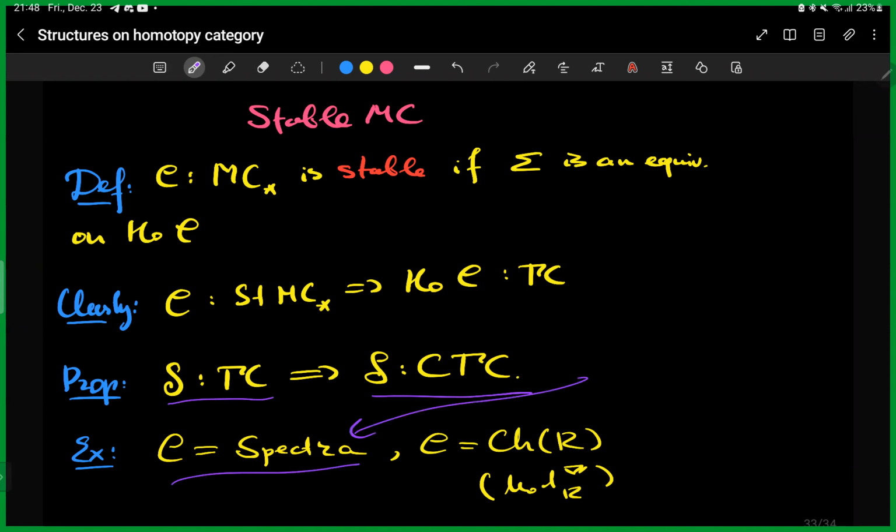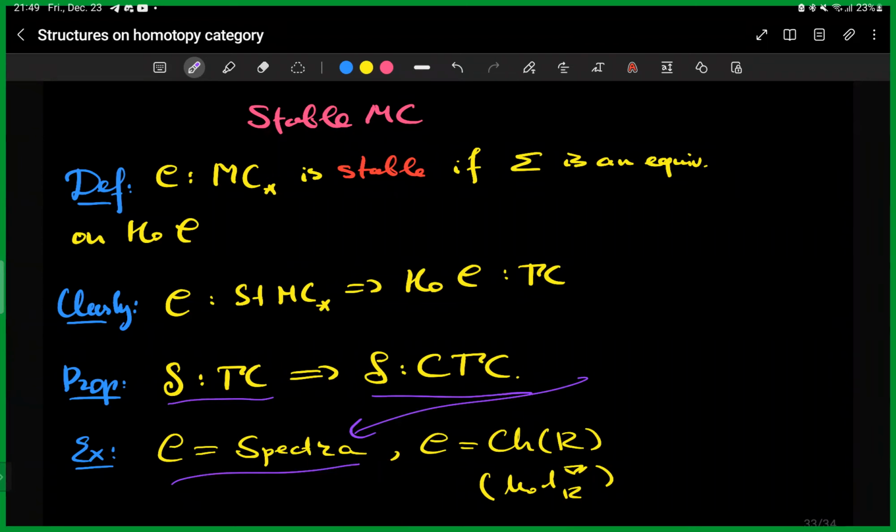So in the category of spectra, in the usual model structure, the functor of suspension is an equivalence, which means that it is a stable model category.